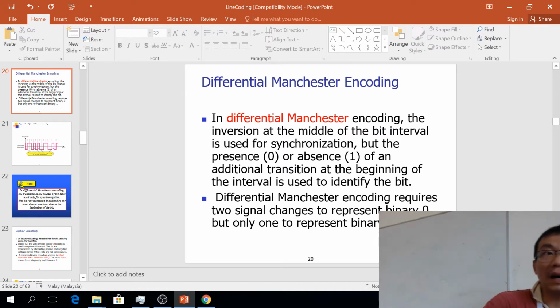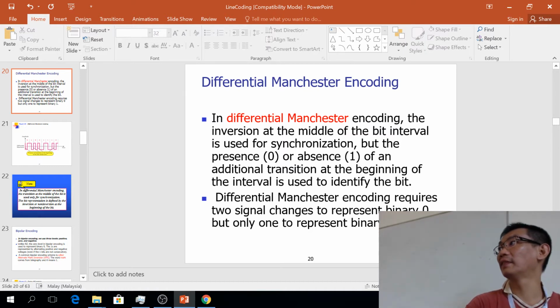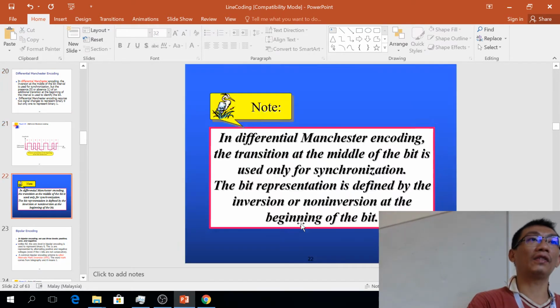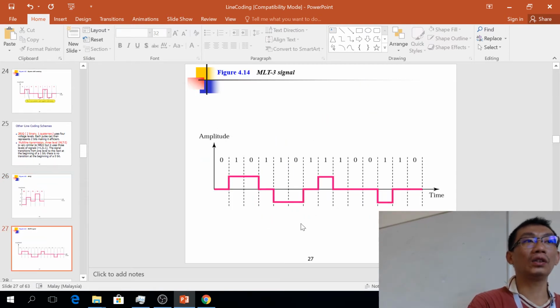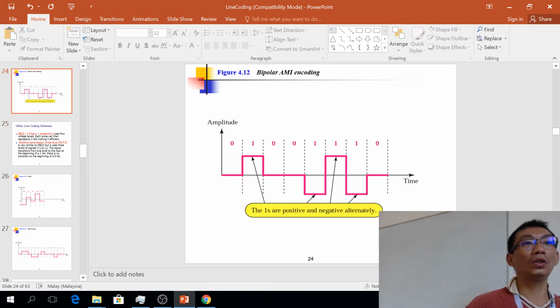Okay, a minor improvement. Okay, that's the difference. Then you have what you call a bipolar. Bipolar is that you use the 0 to also represent, positive, 0 and negative to represent the signal. Okay, so that's bipolar.